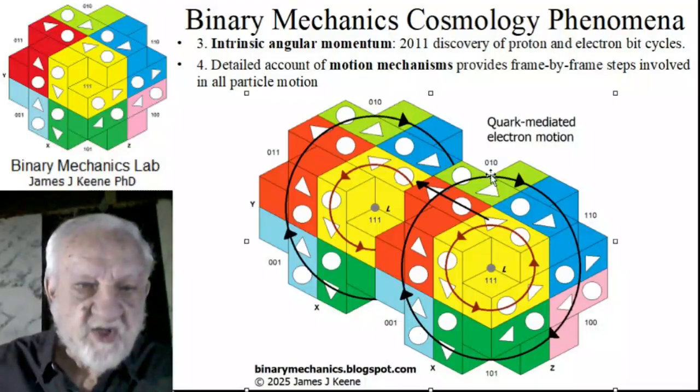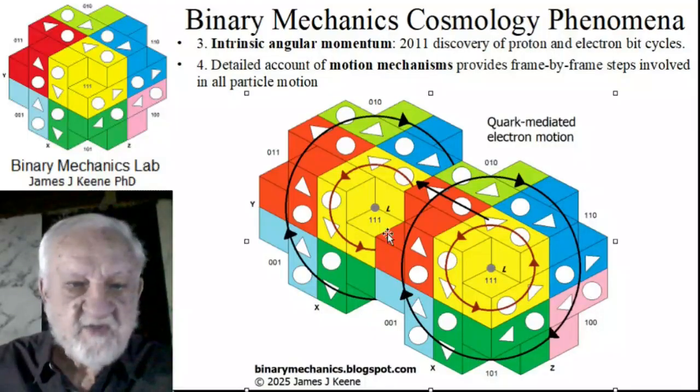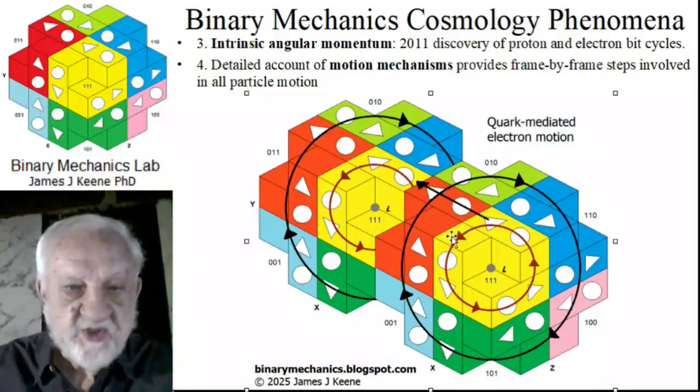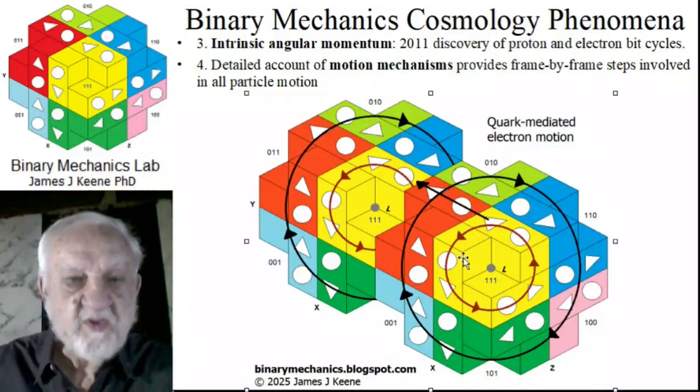The direction of rotation of this intrinsic angular momentum in the proton particles is opposite to the direction of angular momentum for the electron particle, an important discovery.